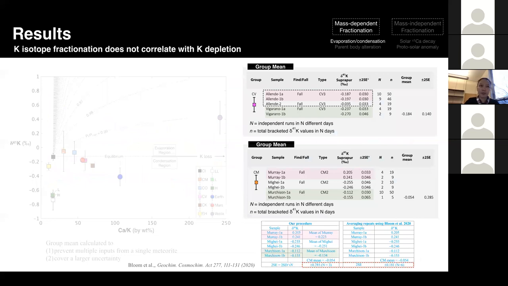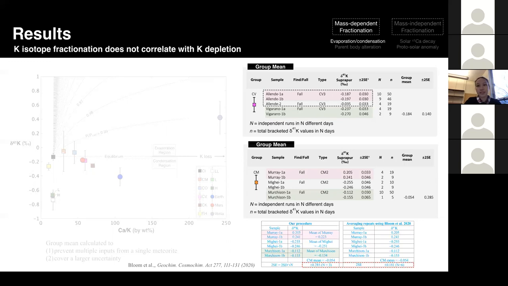Before moving on to our isotope results, I would like to explain how the group means are calculated. As mentioned, a lot of meteorites were obtained from different institutions and were dissolved multiple times.